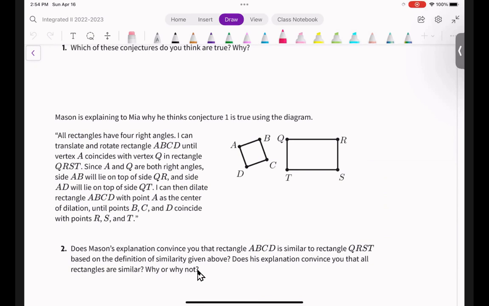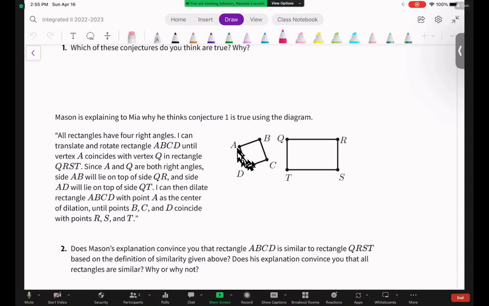Mason is explaining to Mia why he thinks conjecture 1 is true using the diagram. So here's his two diagrams, why these two are similar. Okay, he says all rectangles have 4 right angles, check. I can translate and rotate ABCD until vertex A coincides with Q. So he's going to put this one on top of this one, right?